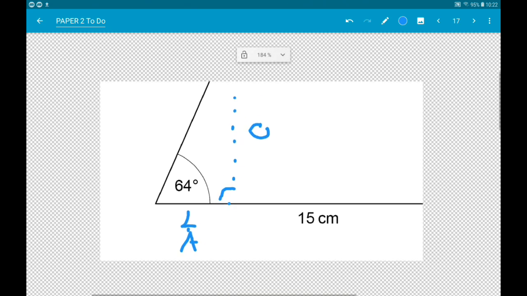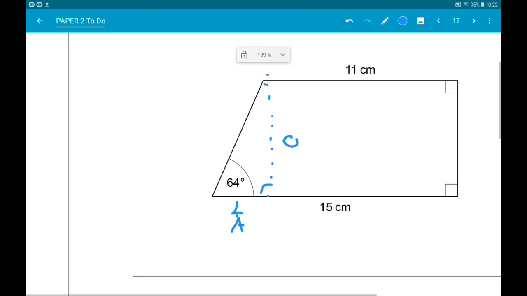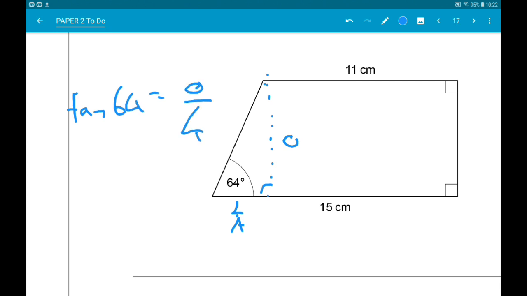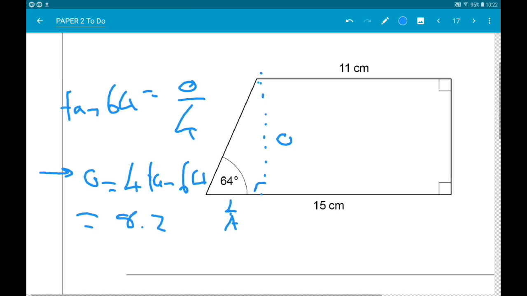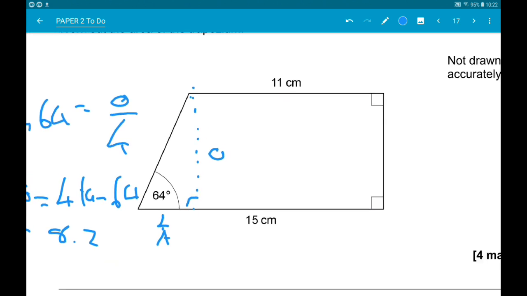So that tells us tan 64 is the opposite over 4, therefore the opposite is 4 tan 64. Now to one decimal place, that gives us 8.2. So that tells us the height of the trapezium is 8.2 centimeters.